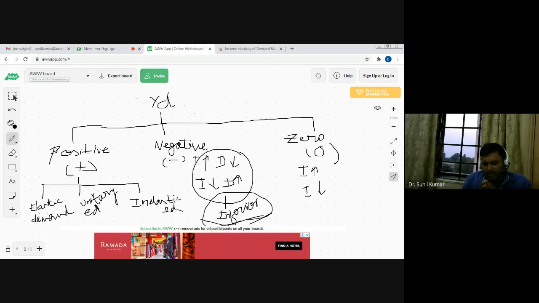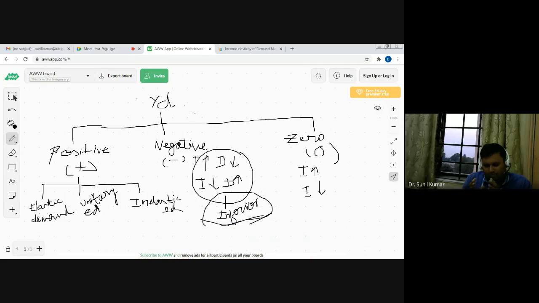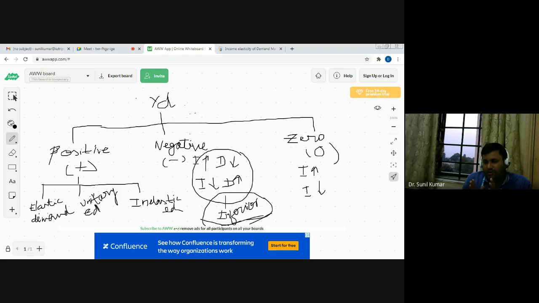When you purchase normal goods, where no specific quality or trademark is given, you will purchase at a lower price. But whenever you go for branded goods, the prices become very high. So it depends upon the income and the quality. That's why if you buy branded goods, they are superior goods, and if there is no brand, we will say it is an inferior good.